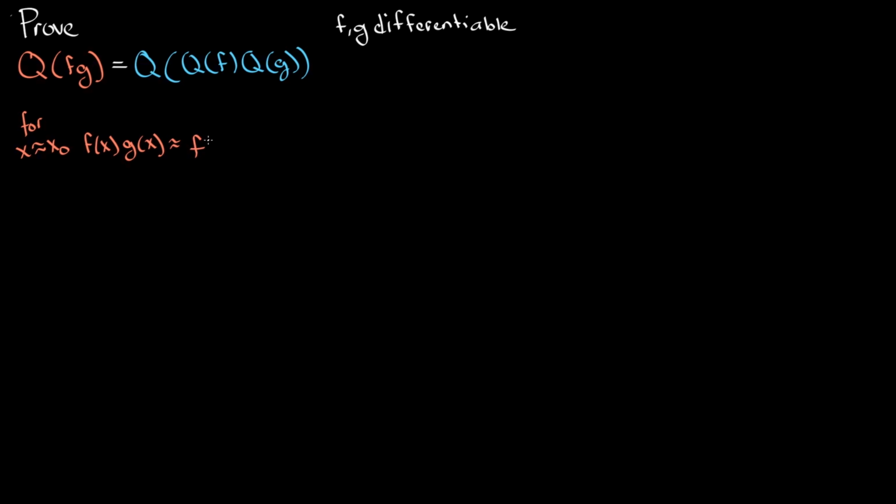So we have f of x naught times g of x naught plus, now we have to take the derivative of these products, so we're going to use the product rule. So we have f prime of x naught times g of x naught plus f of x naught times g prime of x naught, and all of that is multiplied by x minus x naught.